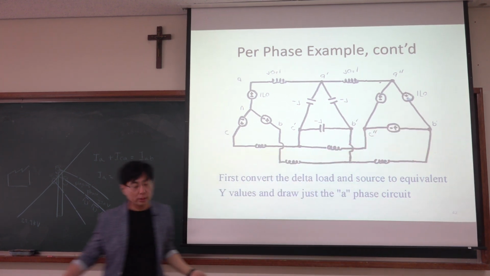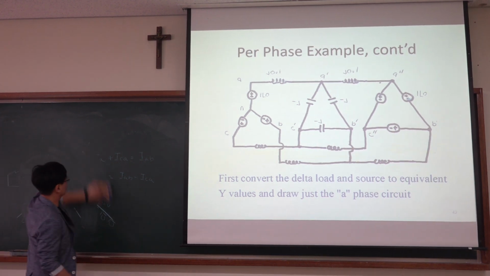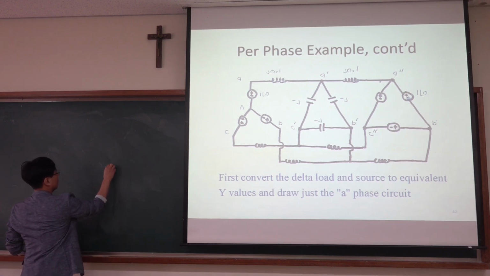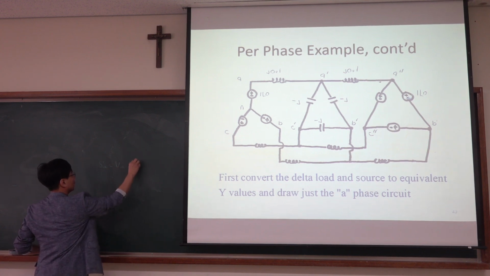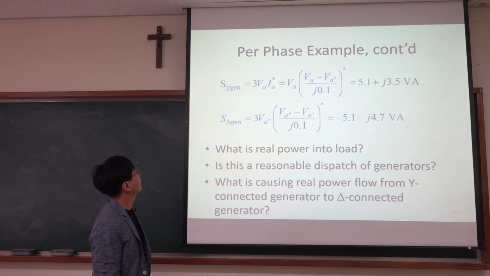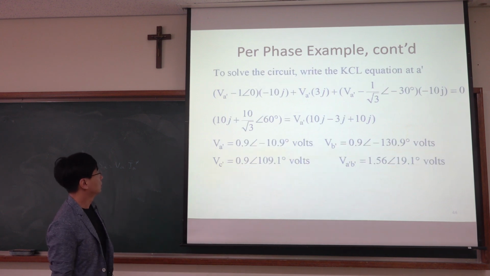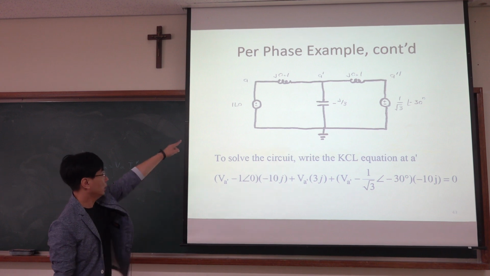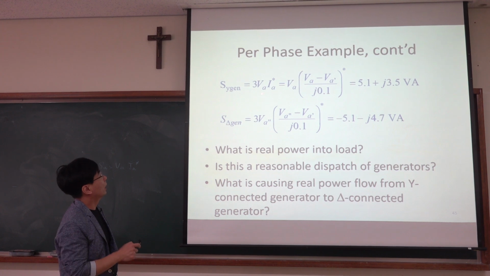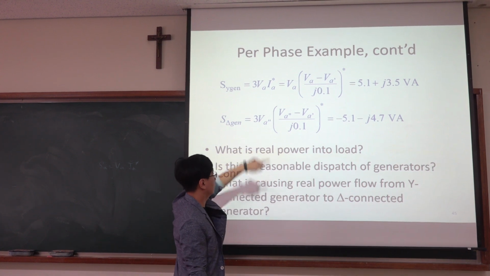For that, what you need to do is, S A is V A I A conjugate, and 3 times that. V A is already known, that is just 0 degrees. And I A is V A minus V A prime over the impedance.